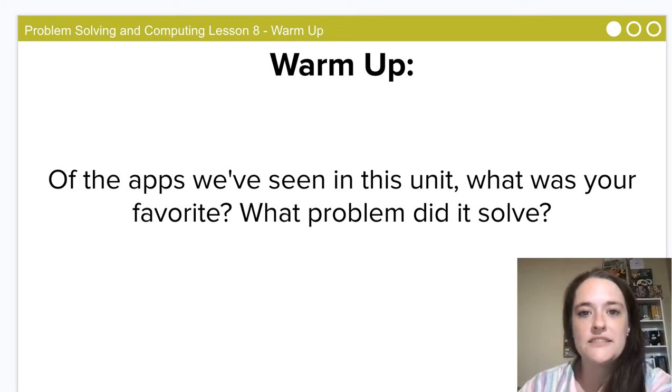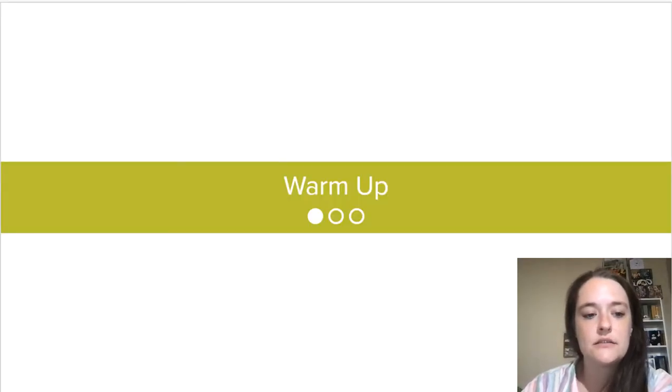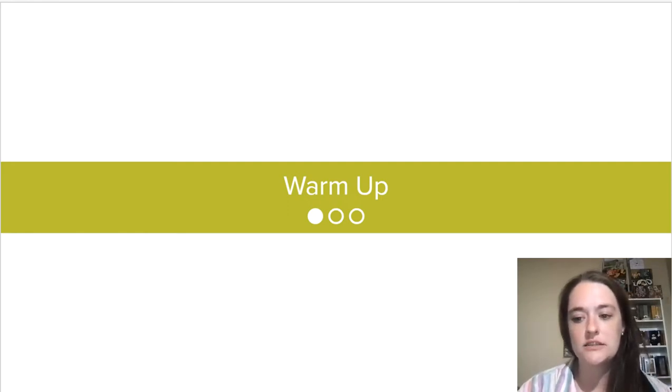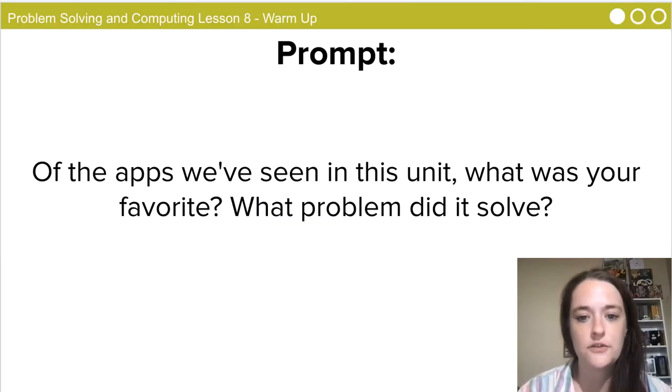Of the apps we've seen in this unit, this code.org unit, so you might have to think back to Unit 2, or you could just click back through the code.org stuff. What was your favorite app that we experimented with? What problem did it solve? Pause the video here so that you can answer this in your journal.